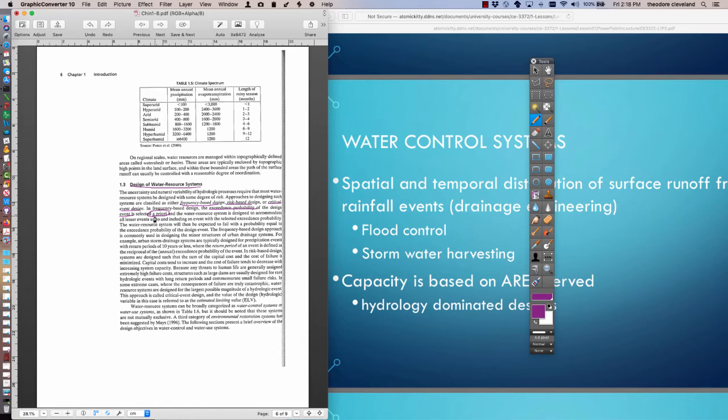And that's pretty common in municipal engineering for stormwater collection. For drinking water supply, that's actually a different category. That's a use category, not a control system category. We're interested in the customers we have to serve.